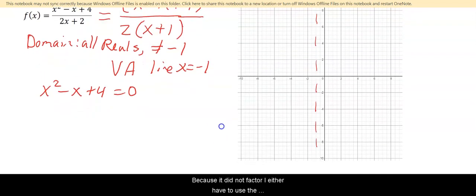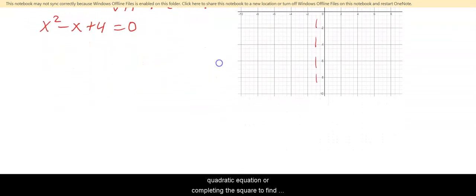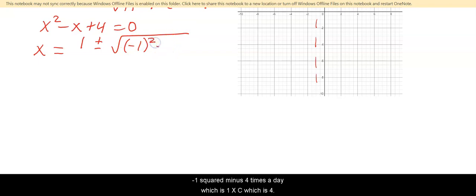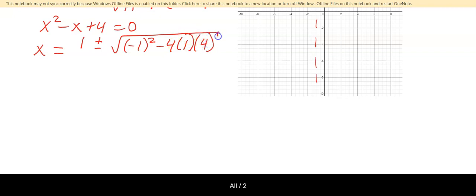Because it did not factor, I either have to use the quadratic equation or completing the square to find any x-intercepts. When I solve, I get x equals, the opposite of b would be positive 1 plus or minus the square root of negative 1 squared minus 4 times a, which is 1, times c, which is 4, all divided by 2 times a, which is 1.